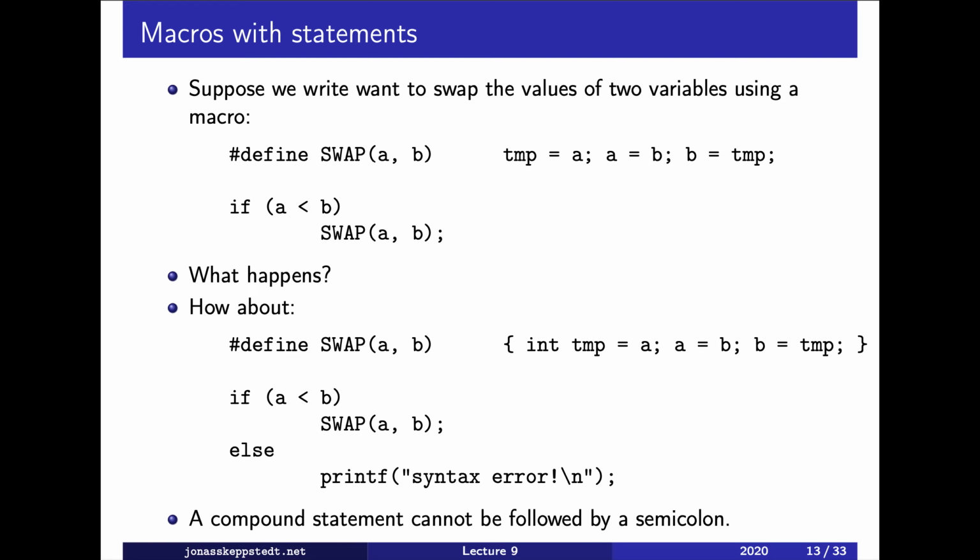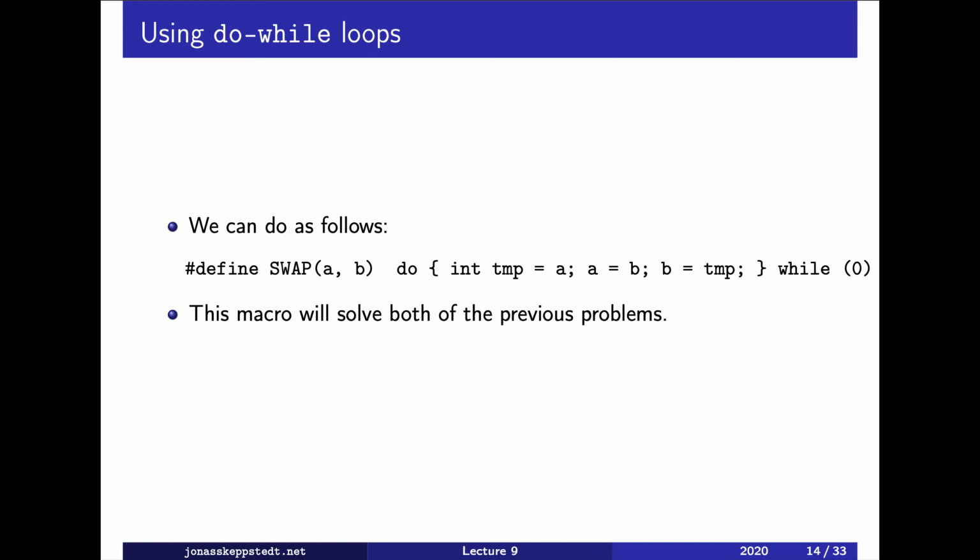Okay, so what should we do? We can do like this. And this is just by accident, I don't think the do while loop was, well, I'm certain it was not created in order to write such silly macros, but this works.